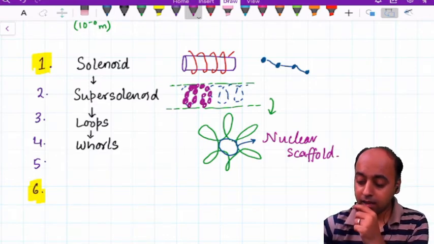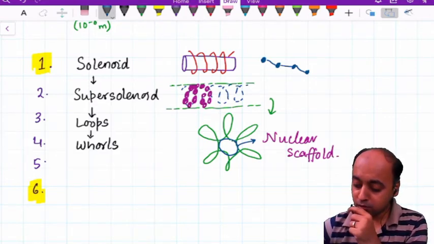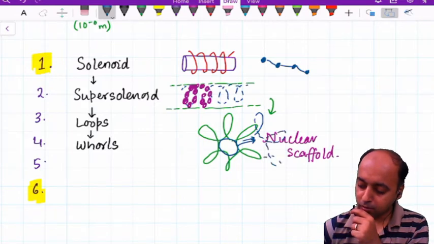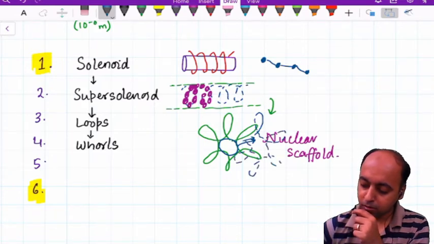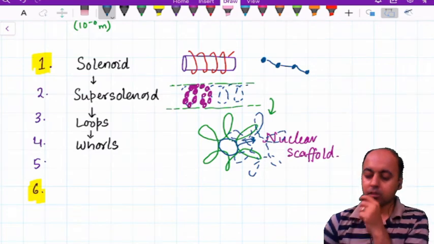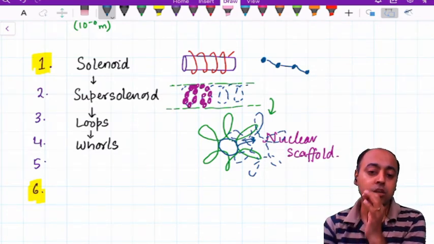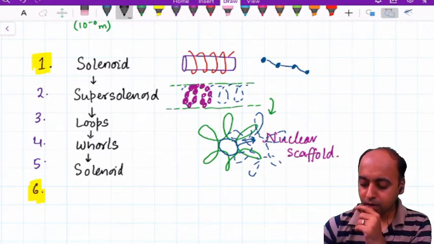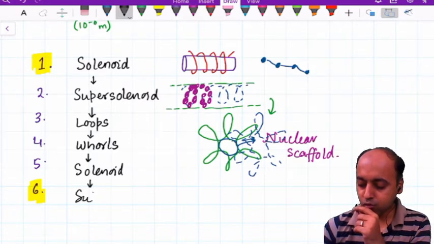Right? And multiple whorls will arrange one after the other. Behind this, you will have another whorl-like structure. See something like this. Right. So multiple whorls arranged one after the other form a solenoid, and then the super solenoid.